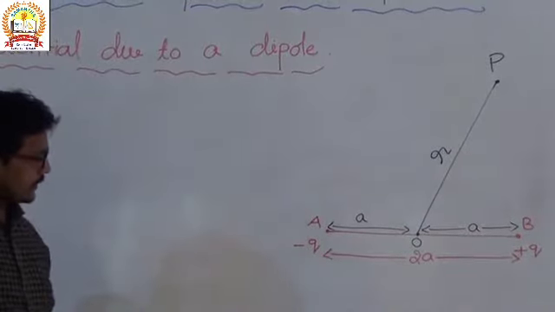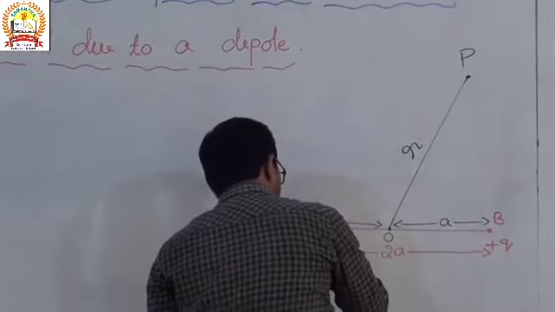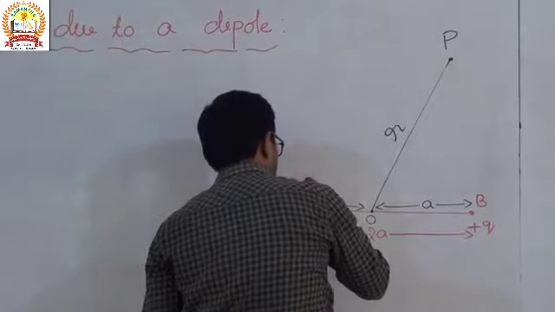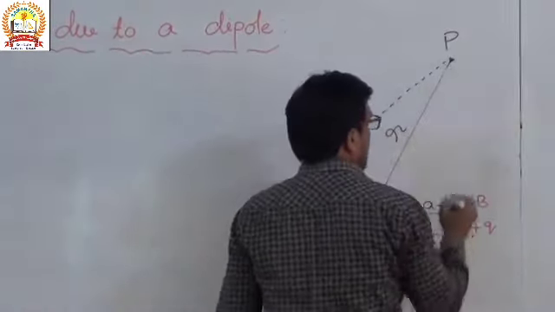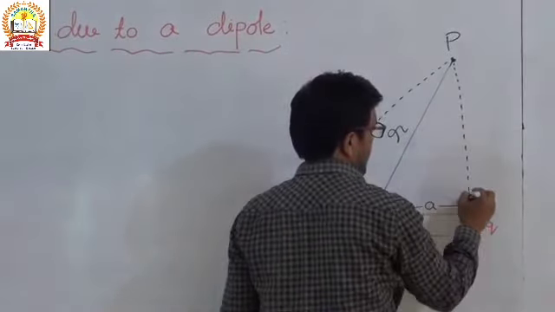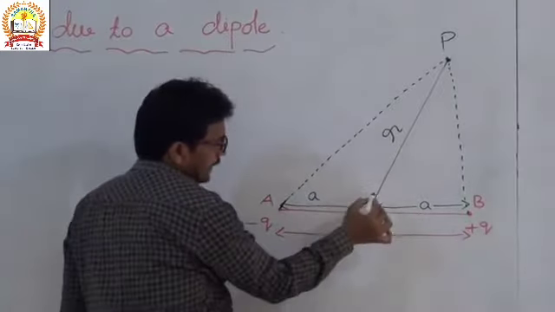To get that potential, we extend these distances, from A to P and from B to P, and we make an angle theta.